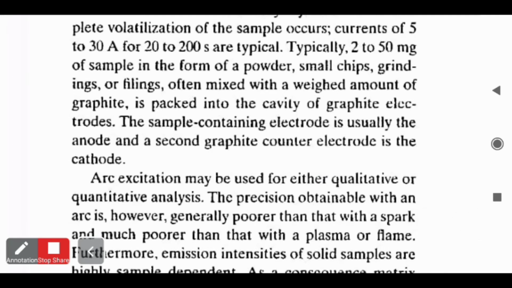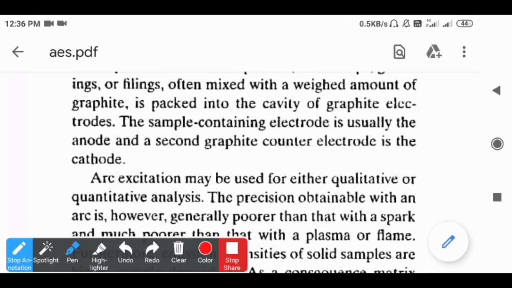Once we have formed the sample, we mix it with a weighed amount of graphite, and both the sample and graphite are then placed into the cavity of the graphite electrode.